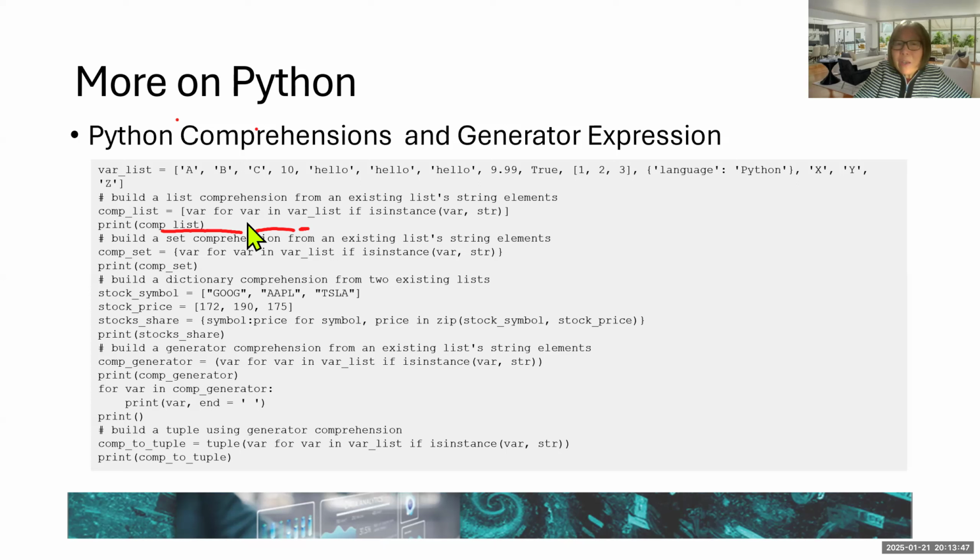It checks if some item is some type of object. str represents a string, so you check if the item in the list is a string. If the condition is true, then it will put it into the new list.